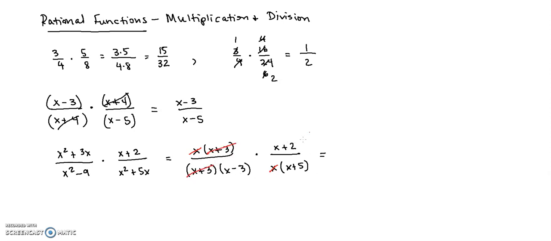Nothing else matches, so I'm left with x plus 2 over x minus 3 times x plus 5. I'm going to leave that denominator factored because in the end we want to factor and make sure that nothing else matches, so this is good. That's the basic idea for multiplication. You want to simplify, so you're going to factor, simplify, and then multiply straight across the top and straight across the bottom.